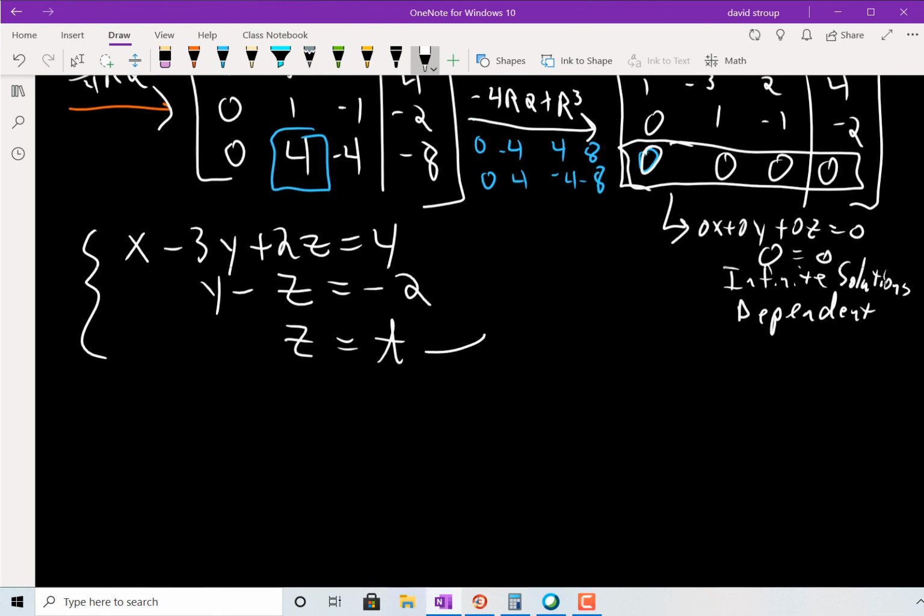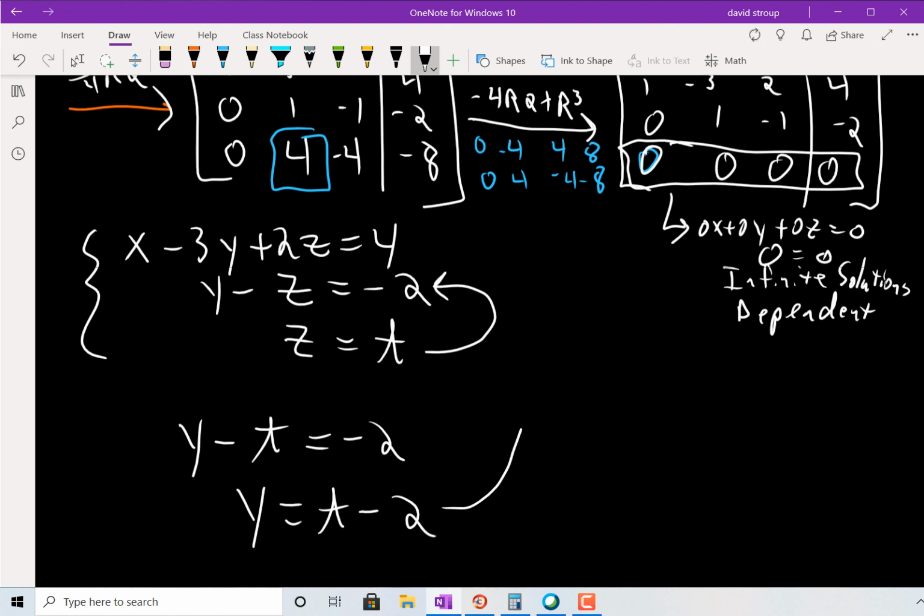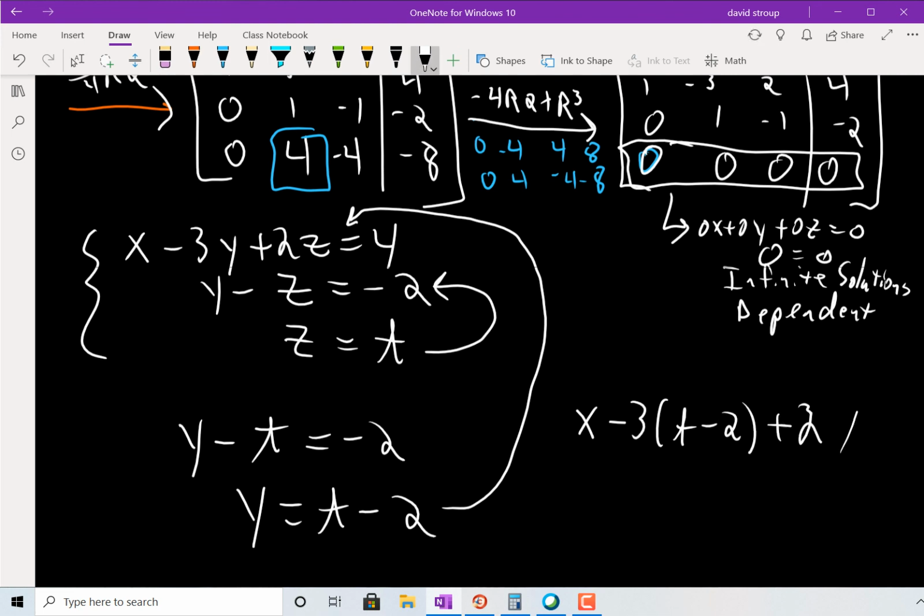And then backsub. Okay, so you're going to plug it in there and solve for the other variables. So you have y minus t is negative 2. In other words, y equals t minus 2. And then you're going to take that and plop it back into the first equation. Okay, so you'll have then x minus 3 times t minus 2 plus 2 times t equals 4.